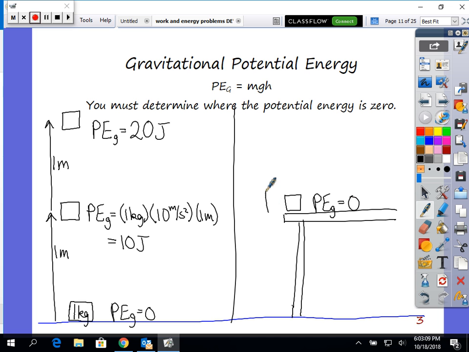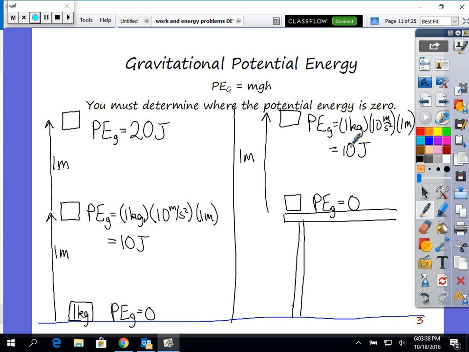Then if I lift it up another meter, the potential energy is going to be, plugging in all these numbers again, 1 kilogram times 10 meters per second squared times 1 meter, because it's 1 meter above the place where we said the potential energy is 0. So this is 10 joules.